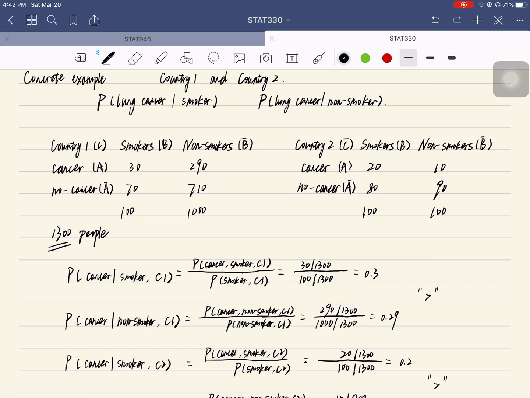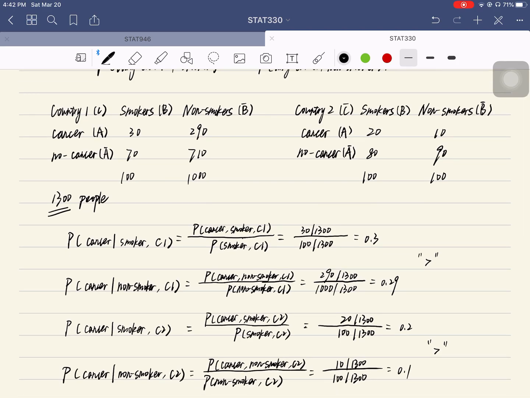From both data sets, you can see within each country, the probability of a smoker having cancer is always greater than the probability of a non-smoker having cancer.